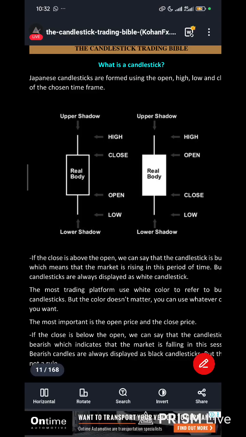The one at the left hand side signifies buyers, and the one at the right hand side signifies sellers. So open price means where the candle started, close price means where it ended, high means the highest price reached, low means the lowest price reached.